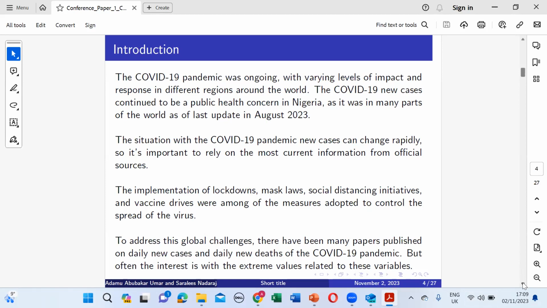So we have a proposal on a way to address this global challenge. There are so many papers published on daily new cases and daily new deaths of the COVID-19 pandemic, but the interest here is in using the extreme values related to the variables.